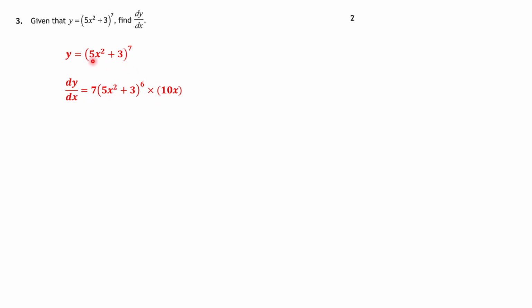The derivative of 5x squared is 10x, and then when you've got a constant, the derivative is 0, so it's just going to be 10x for that. Let's tidy this up now. We can put the 7 with the 10 at the front, so we get 70 with the x times the bracket, all to the power 6, and that's worth 2 marks.